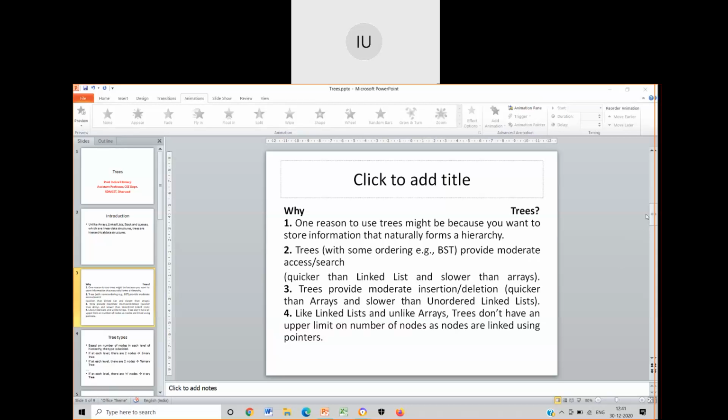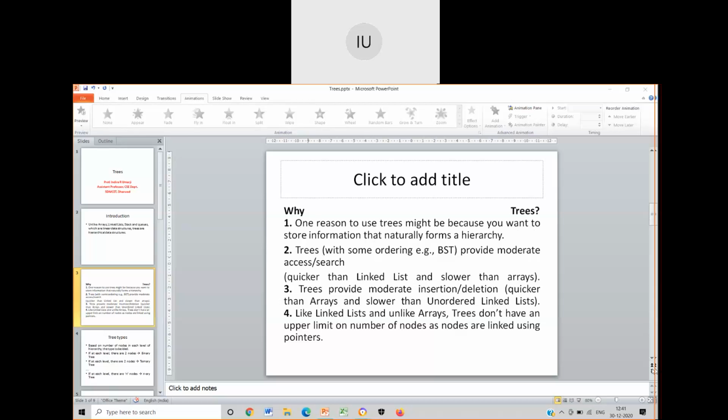After finding the value of A, only then can I find the value of B. So they are interdependent. If there is interdependency in the operations or in the values that I'm using, then definitely I have to go for a hierarchical structure. This has to happen first, then the second, then the third, like that. So in such cases, trees are to be used.